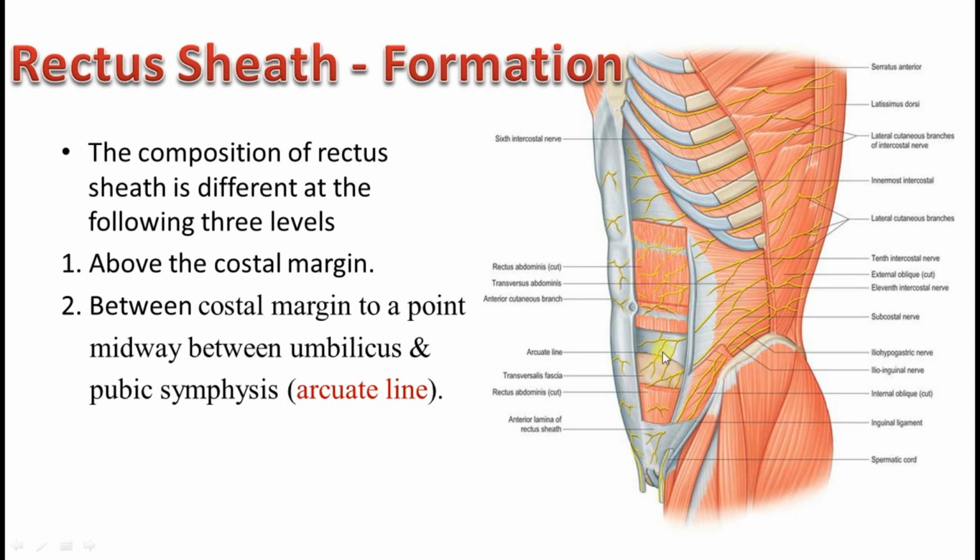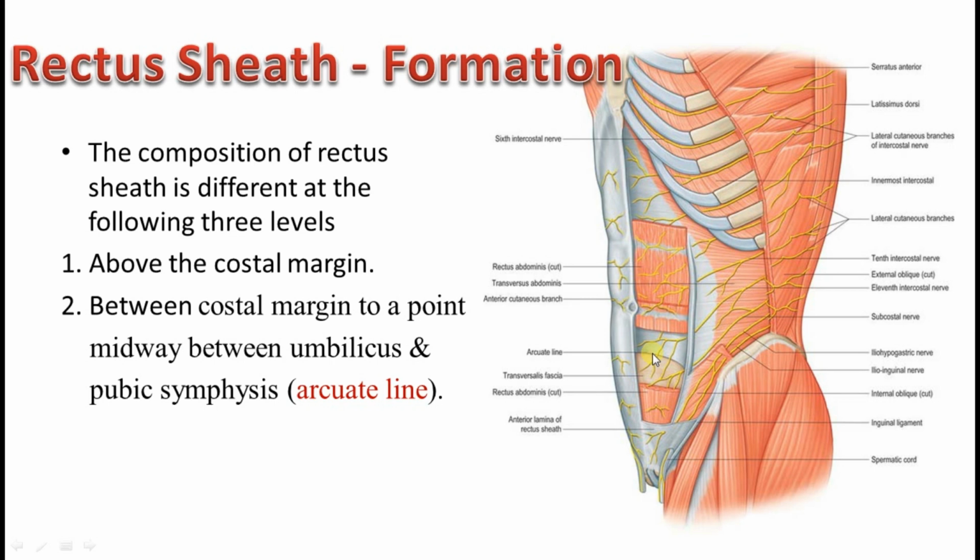So from below the costal margin to the arcuate line, you again have the rectus sheath slightly different, and this is the main part, the classical part of the rectus sheath. You can see it is evenly balanced in how it is distributed.